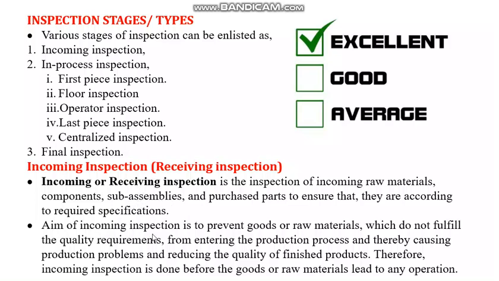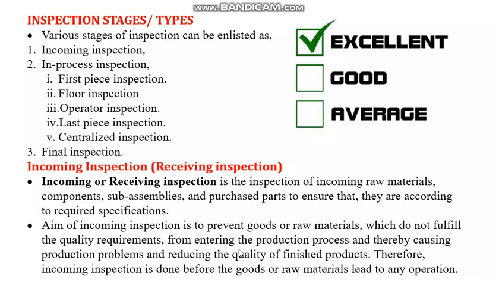The aim of incoming inspection is to prevent goods or raw materials which do not fulfill the quality requirements. If the raw material itself is bad, you cannot make a quality product from it. Therefore, you should prevent substandard raw material from entering into the production process.